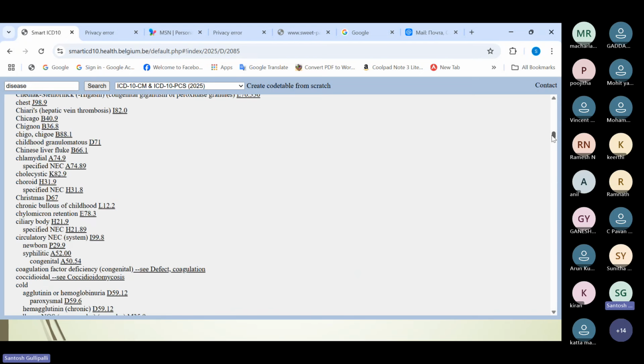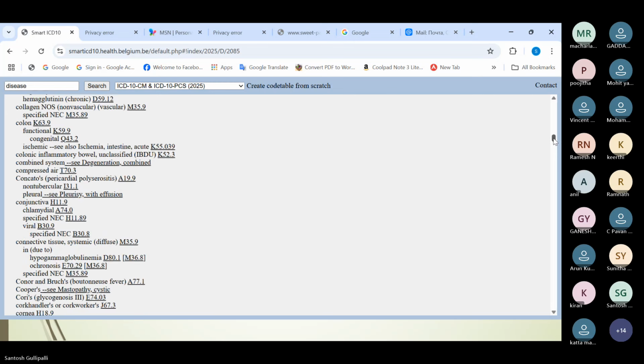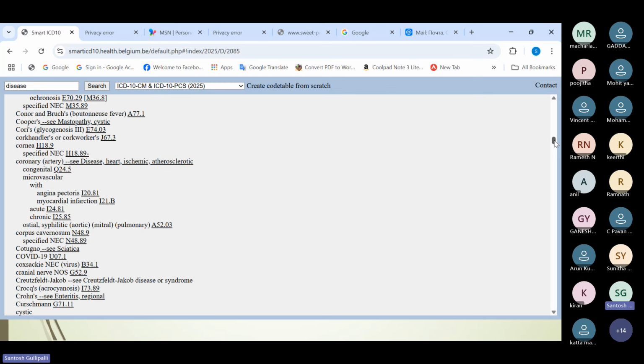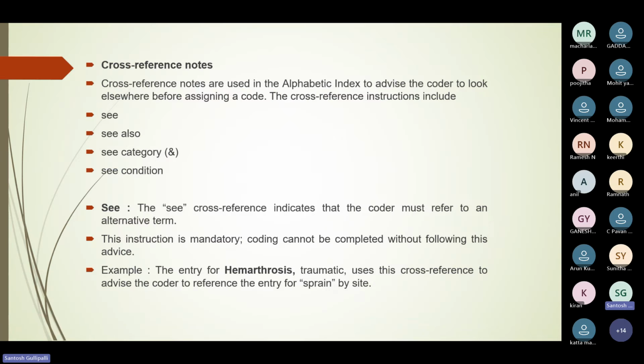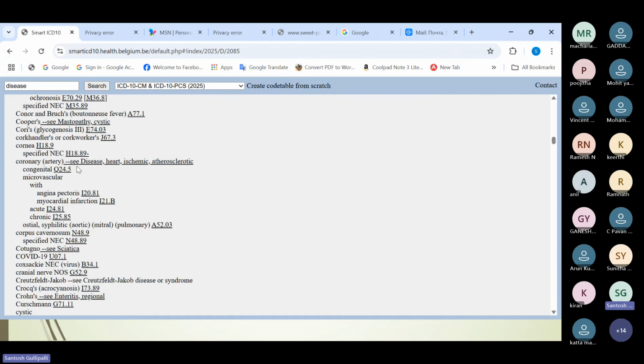So under disease, coronary artery, they give a see note. What does see mean? It is an instruction: see disease, heart, ischemic, atherosclerotic.